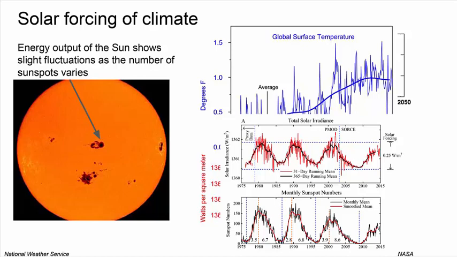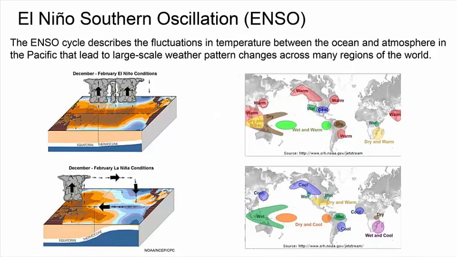And then lastly, on intrinsic climate variability, or internal climate variability, you have what's called the El Nino or La Nina oscillations. This is showing the average sea surface temperature anomalies from December 1982 to February 1983, and you have a large warming of the equatorial eastern Pacific.